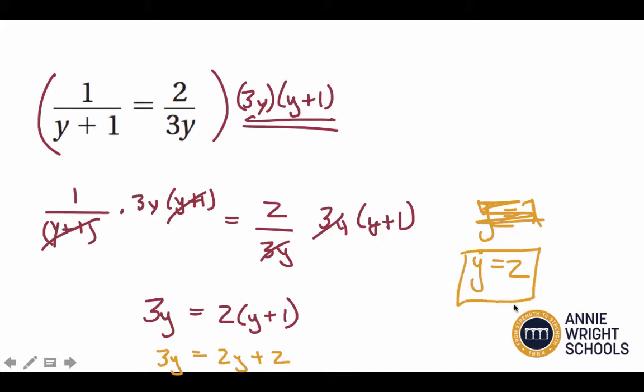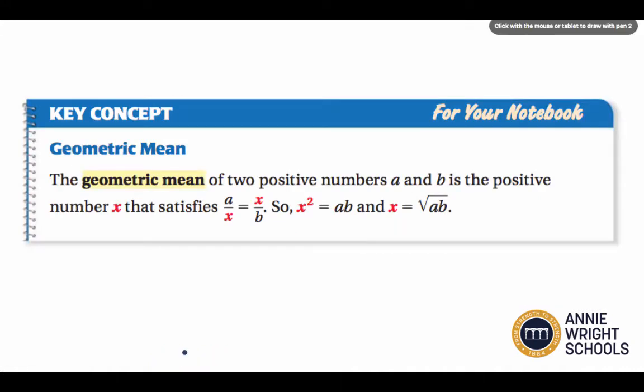But y equals 2. Now, the one new thing you might learn in this video is on the next slide, and it's called the geometric mean. You might know the word mean means average, but you're really thinking of what's called the arithmetic mean.